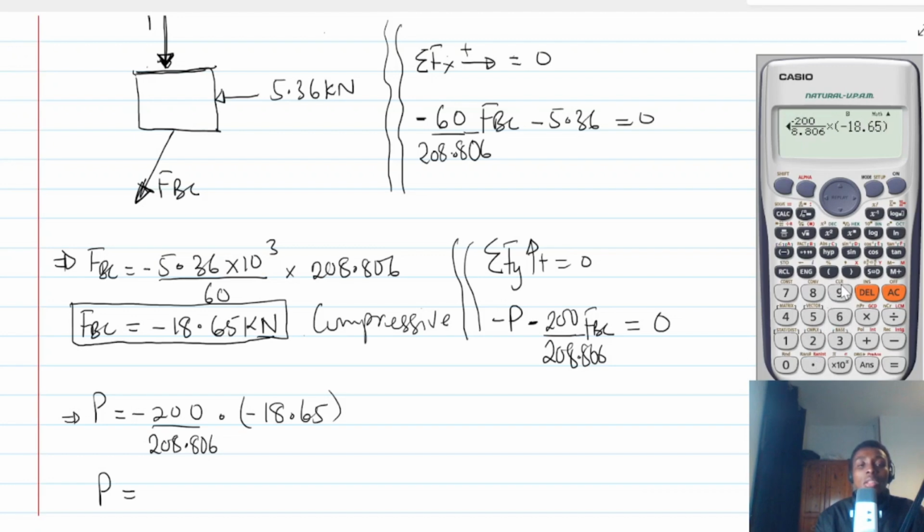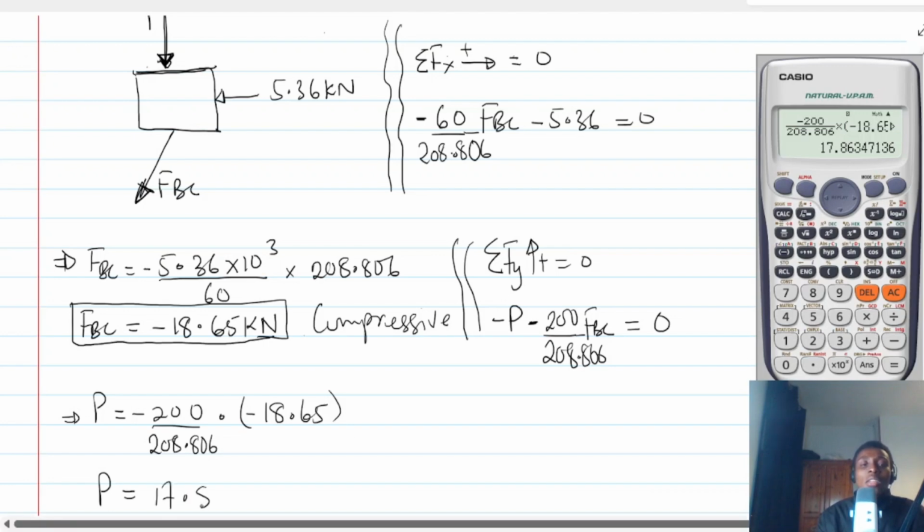And what is that? This will give us 17.86 kilonewton. And that is actually the P which is required for equilibrium.